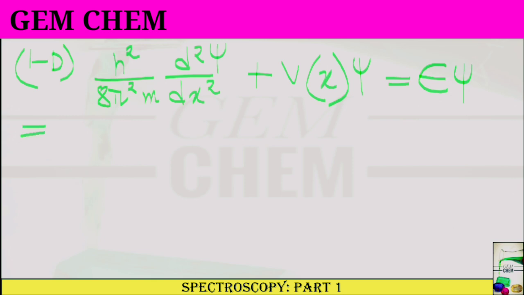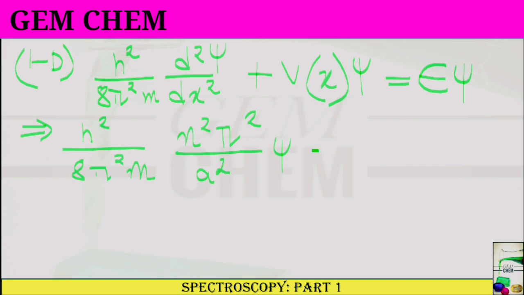So from here, when it is operated on xi, we get h square by 8 pi square m, n square pi square by a square, xi equals epsilon xi.